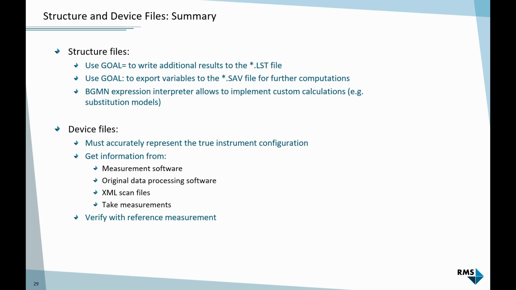And the third example will be a structure refinement with electron density maps, where we can visualize the crystal structure and especially visualize misfits, where they originate from. So that's the plan for the afternoon. Are there any questions now?